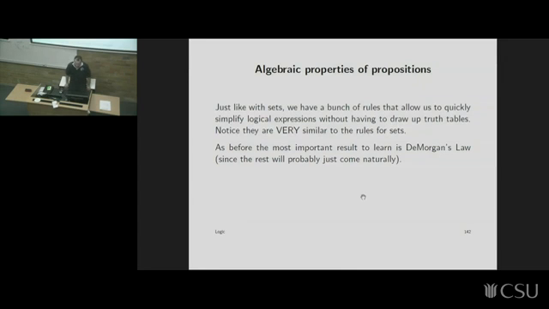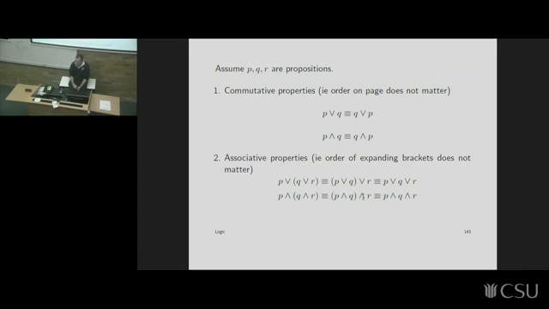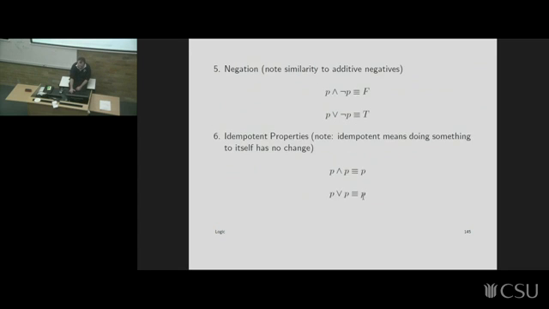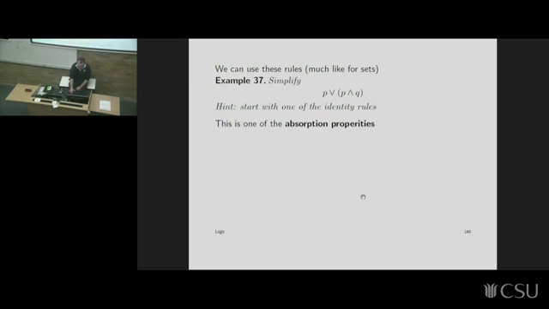So just like for sets, we can come up with a bunch of algebraic properties for propositions, for true and false stuff. And the rules are exactly the same, just translated to different language, essentially. And so they all are here. So same words, etc. Just different symbols.